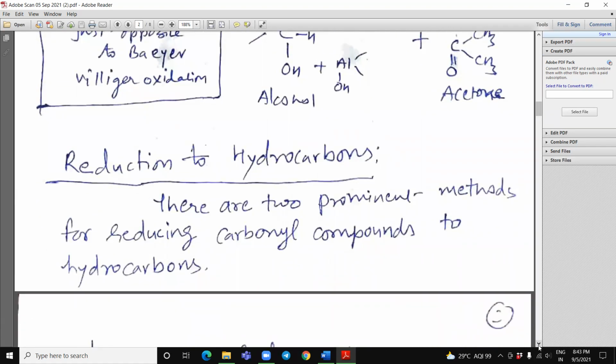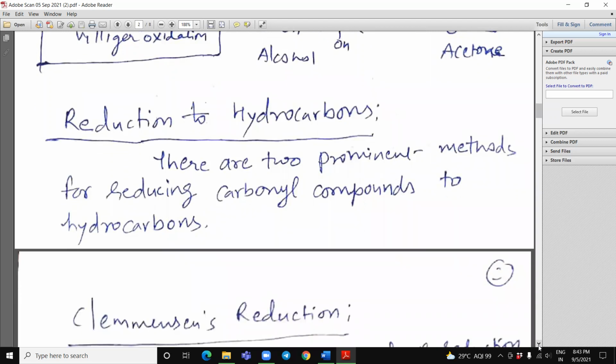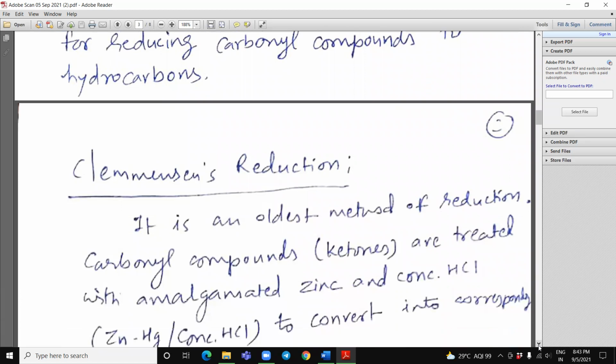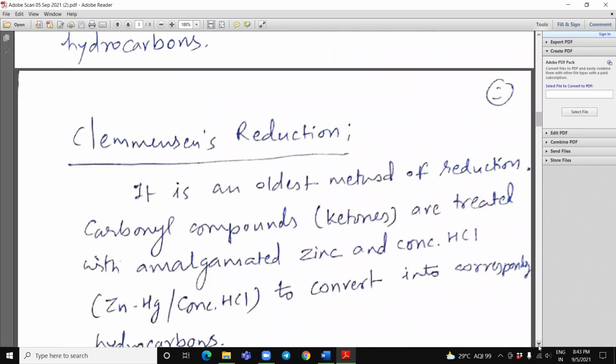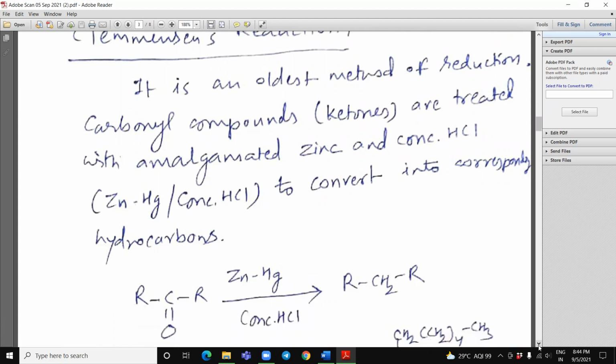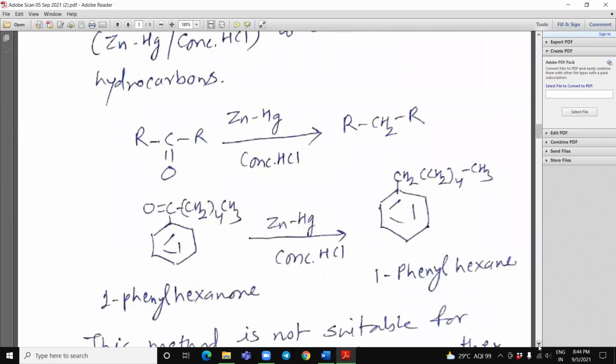Reduction to hydrocarbons. There are two prominent methods for reducing carbonyl carbons to hydrocarbons. Clemmensen's reduction reaction. It is the oldest method of reduction. Carbonyl compounds, ketones, are treated with amalgamated zinc and concentrated HCl, that is Zn-Hg and concentrated HCl, to convert into corresponding hydrocarbons.